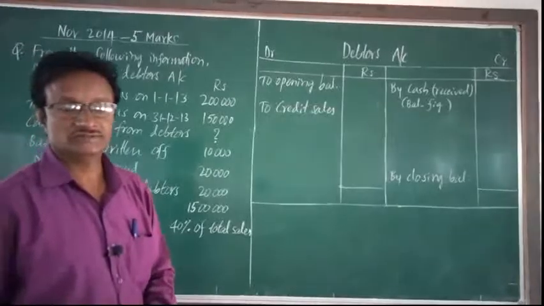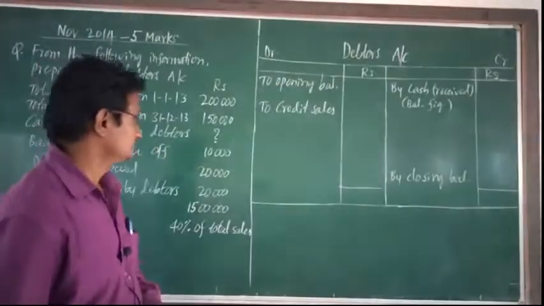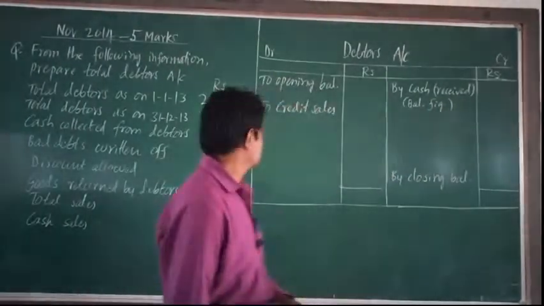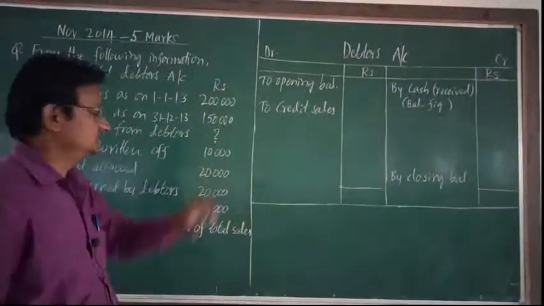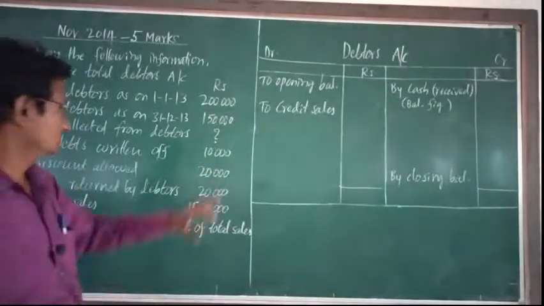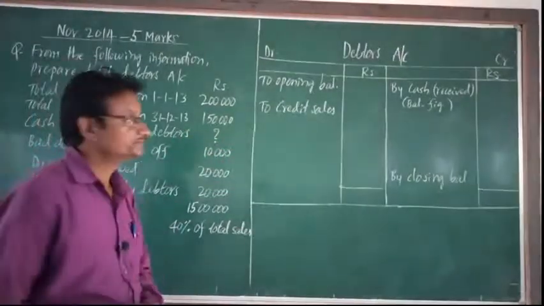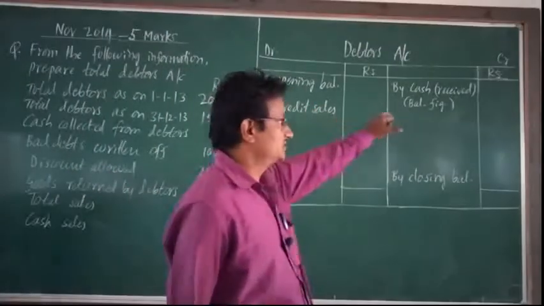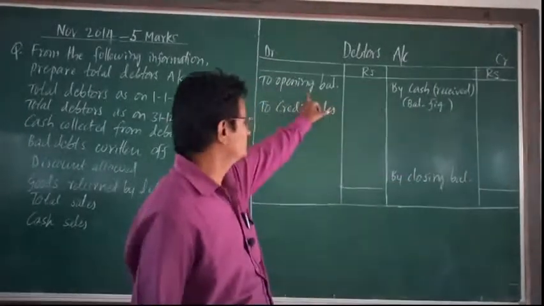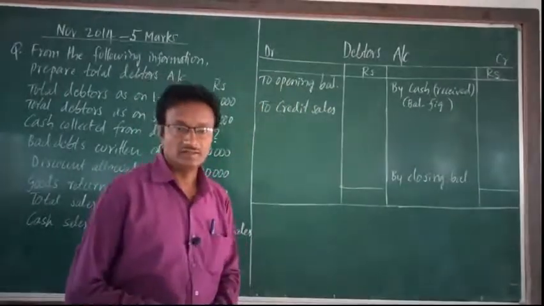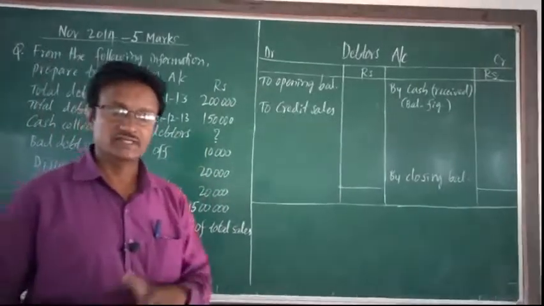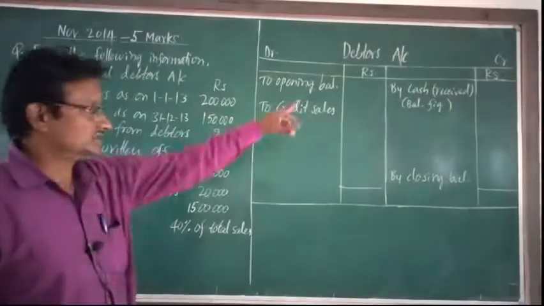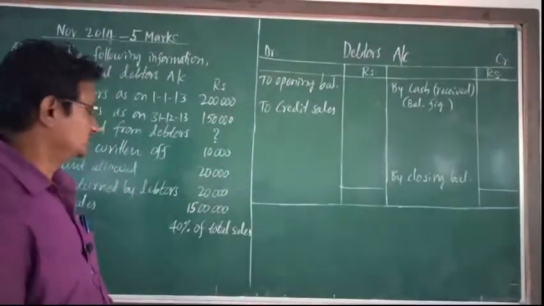From this information we have to ascertain the credit sales, and the balancing figure is cash received or cash collected from debtors. This is the missing item. Here the question mark is nothing but the missing figure. Out of the 4 important items, that is credit sales, cash received from debtors, opening balance and closing balance, 3 are known and the 4th one is missing. Here cash collected from debtors is the missing item.